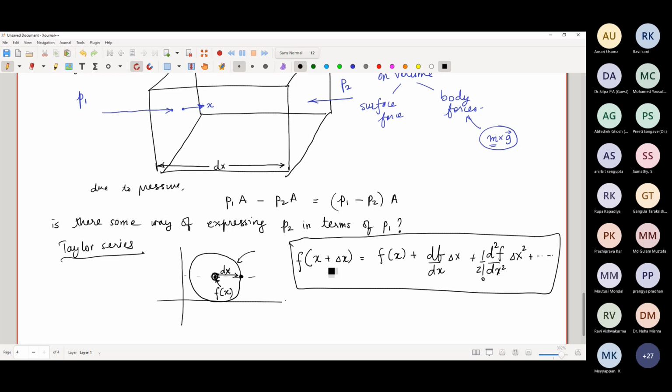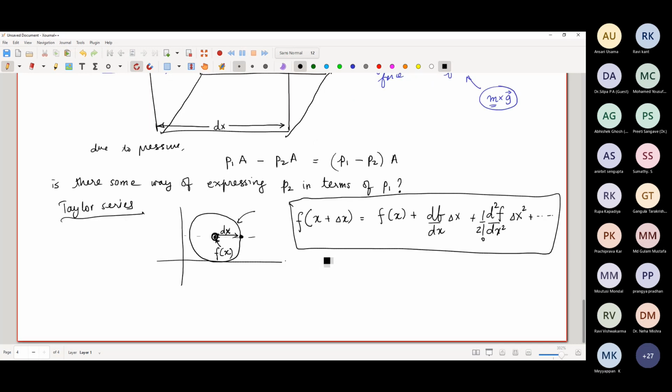And what it simply means is the value of the function at x plus delta x can be written in terms of the value of the function at x, plus the slope of the function times delta x, plus the curvature of the function times delta x square and so on.